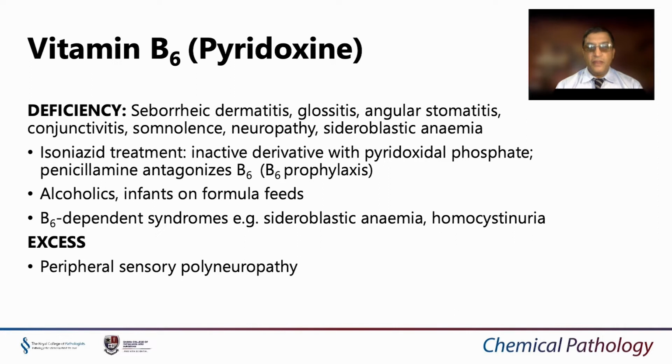For example, patients treated with antituberculous drugs, which include isoniazid, are prophylactically administered B6 vitamin. Alcoholics and infants on formula feeds may also present with deficiency. B6 dependent syndromes, for example sideroblastic anemia, may also result in a deficiency.